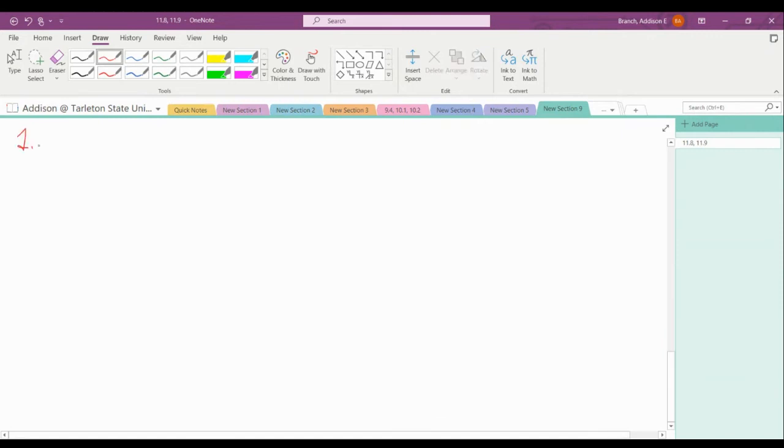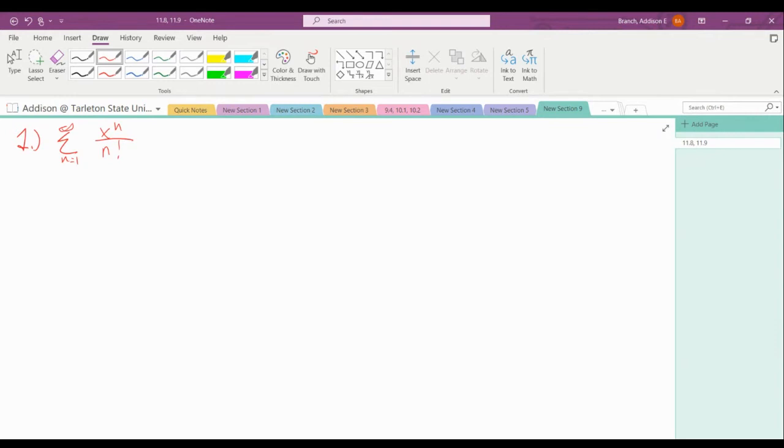So for the first one, we are given the series x to the n over n factorial. All right. In order to do this, usually the easiest way is to plug our power series into a ratio test and then solve for x.